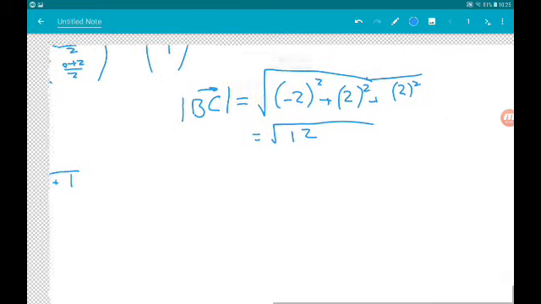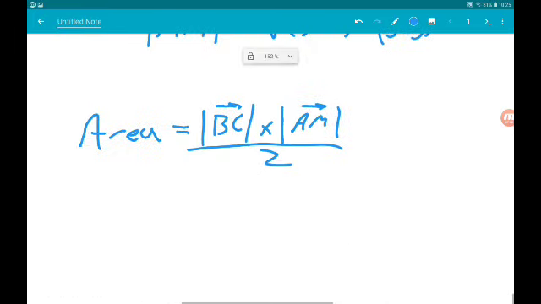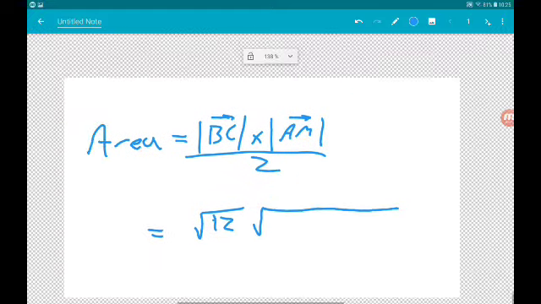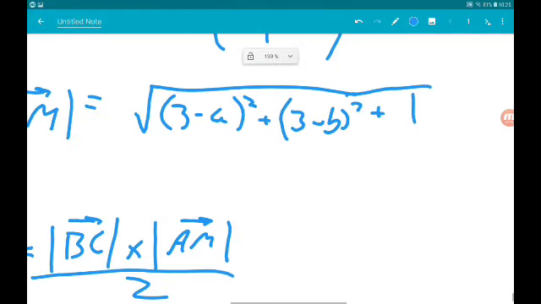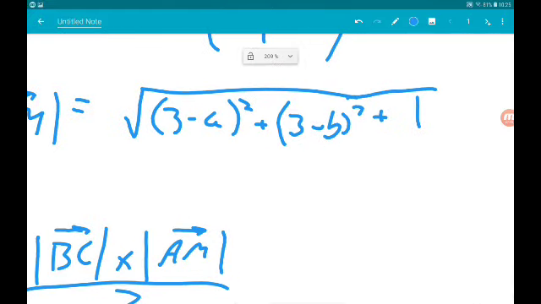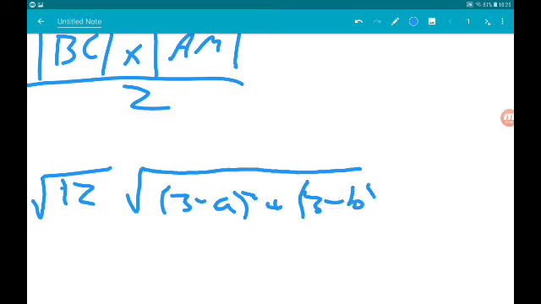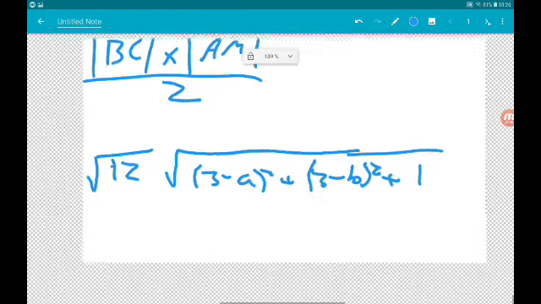So now we can say the area of the triangle is root 12 times root this lovely thing, so 3 minus a squared add 3 minus b squared add 1, all over 2.